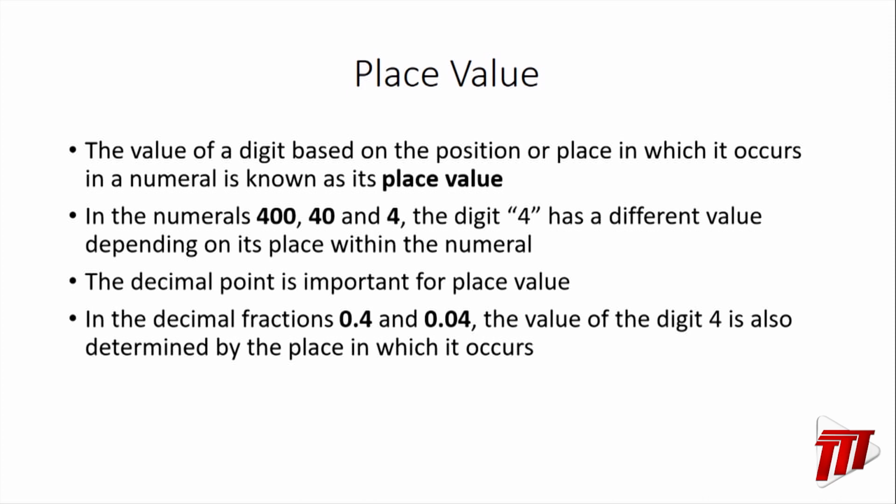Therefore, the value of this 4 is 4 tenths. In 4 hundredths, the 4 is 2 decimal places to the right of the decimal point. It is in the hundredths place. Therefore, its value is 4 hundredths.